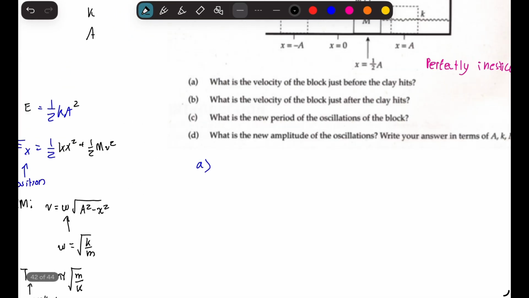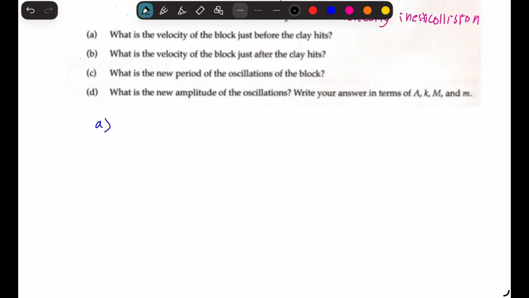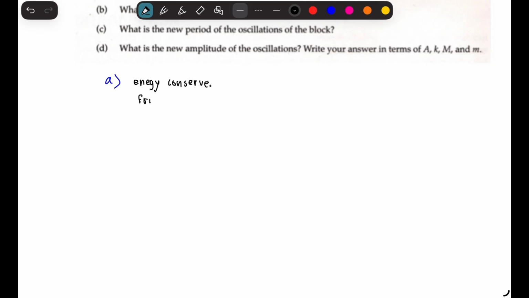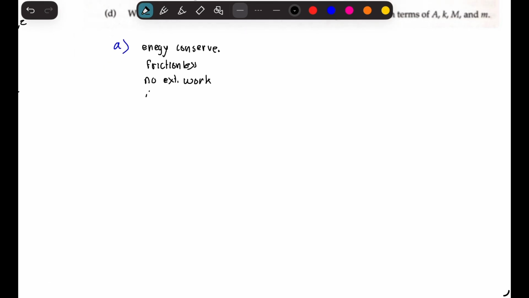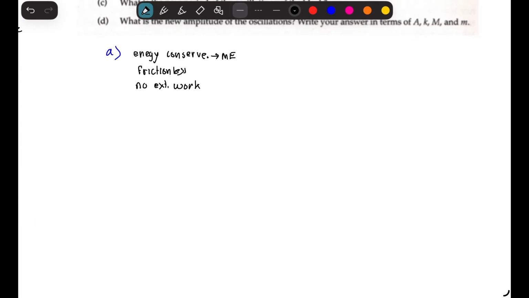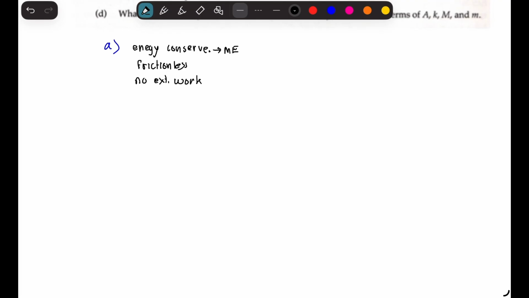Now, for the first question, A, what is the velocity of the block just before the clay hits? You're going to use energy conservation. That's because the system is frictionless and there is no external work. So from that, you can conclude that mechanical energy is conserved. So what we first have to do is write the total energy at the maximum displacement.